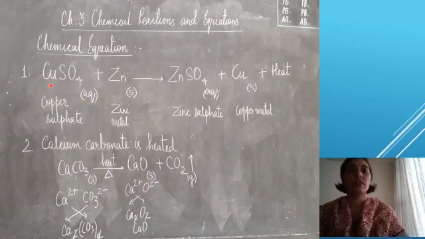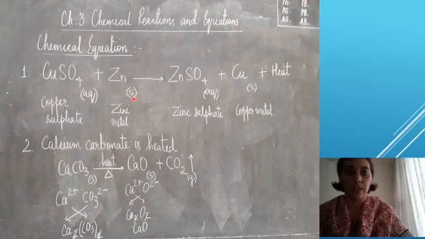Aqueous means copper sulfate, which is a blue crystalline chemical, and we have dissolved it in water. That is why it is written as aq. Then we have taken metallic zinc. Metallic zinc is solid, and therefore we have written a small s, and it is a silvery colored metal.